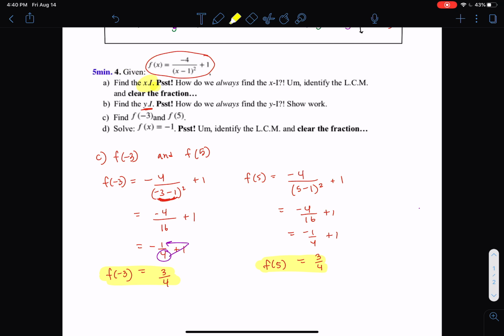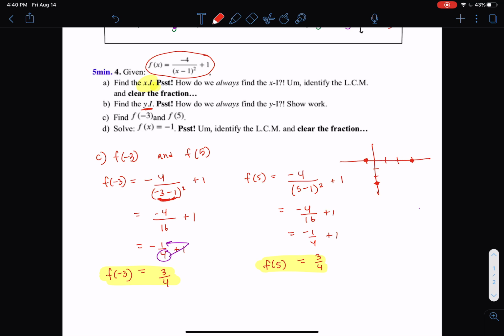So it's good to know that if I were to graph this, let's see what we know so far. I think our points were x-intercepts at 3 and negative 1, and then we had a y-intercept at negative 3 also.